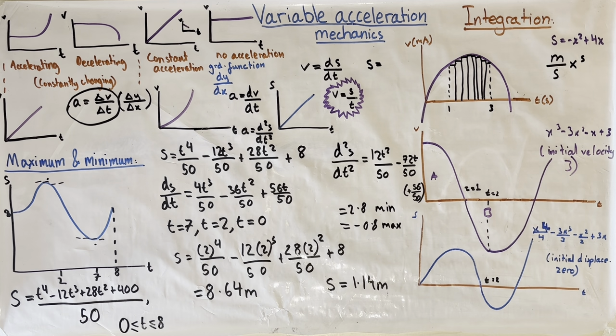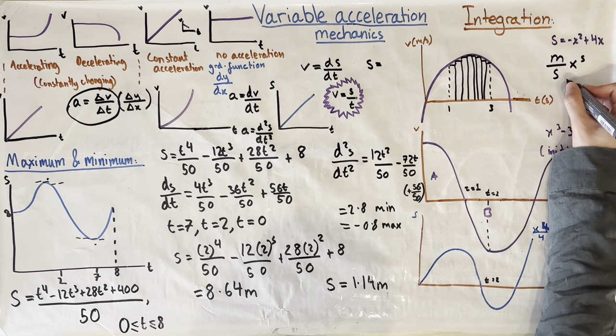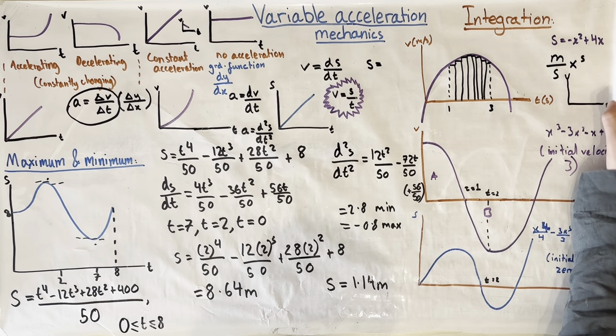So when we integrate for the area of a velocity time graph, we can find the displacement of an object. Okay, so let's just draw a velocity time graph.